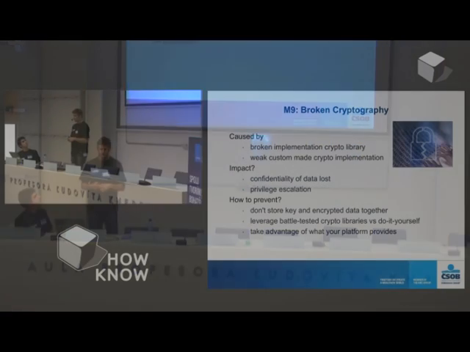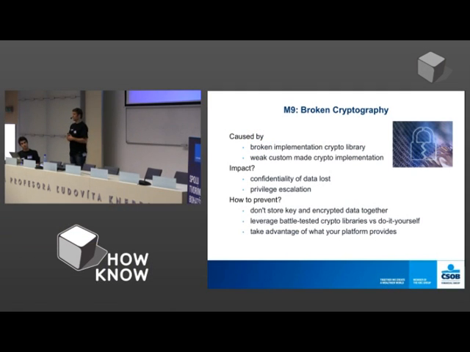Then we go to risk number 9. Broken cryptography. Two main causes of it. One, you made use of a well-known library, but you did not implement it in a correct way, or you never changed it. You use the same library for years, or the same logic.